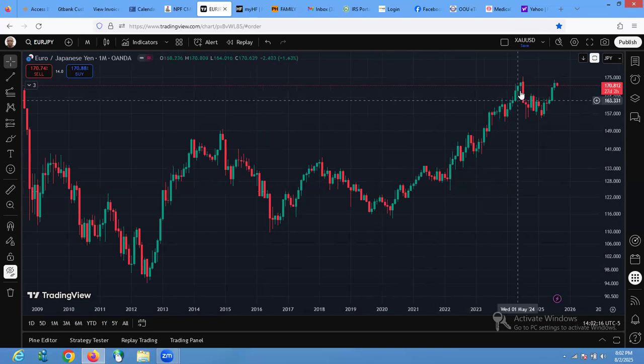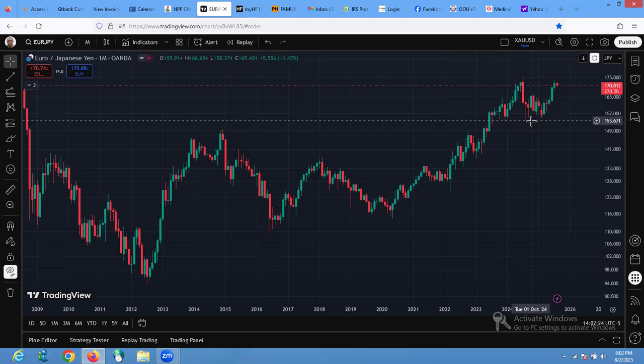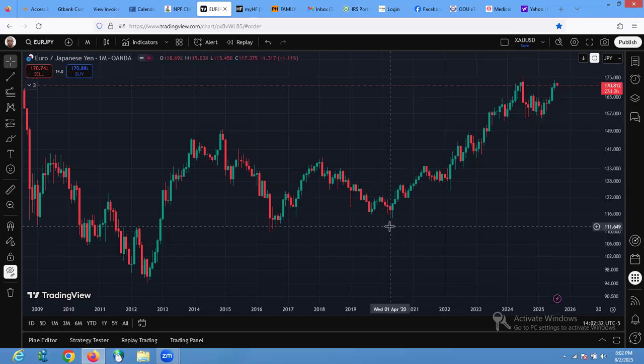We have just finished a wave 3 here, and probably this is a wave 4 that we have done here, and we are doing a wave 5 on the monthly.